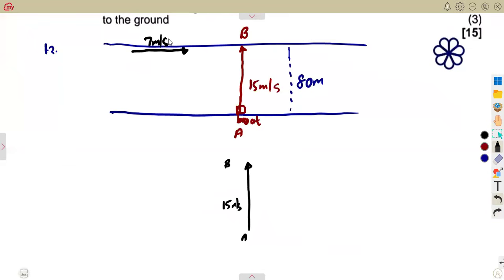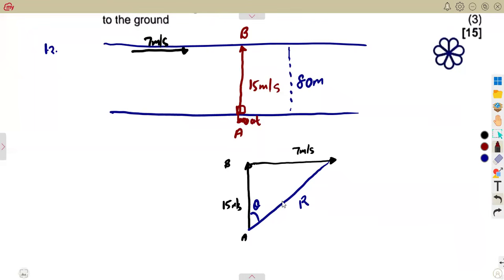Then the river at 7 meters per second in the same direction, so it's just going to be a continuation. This is where we are going to have our flow of 7 meters per second. So we can calculate our resultant, which is R, and also our theta, just like that.